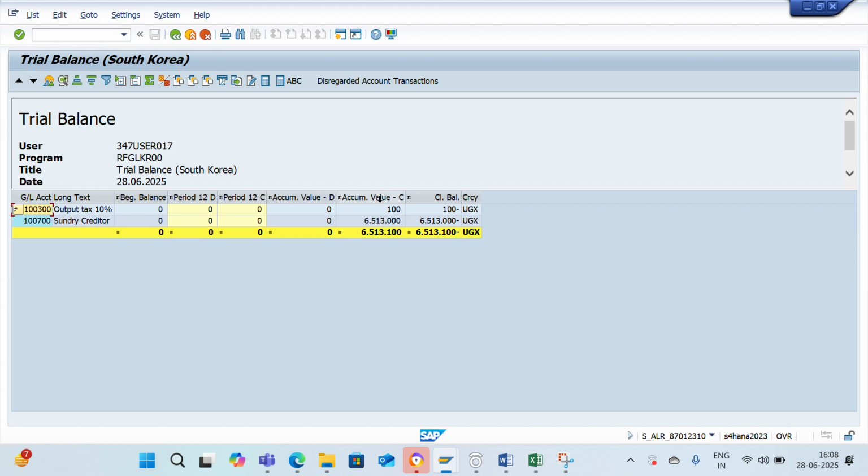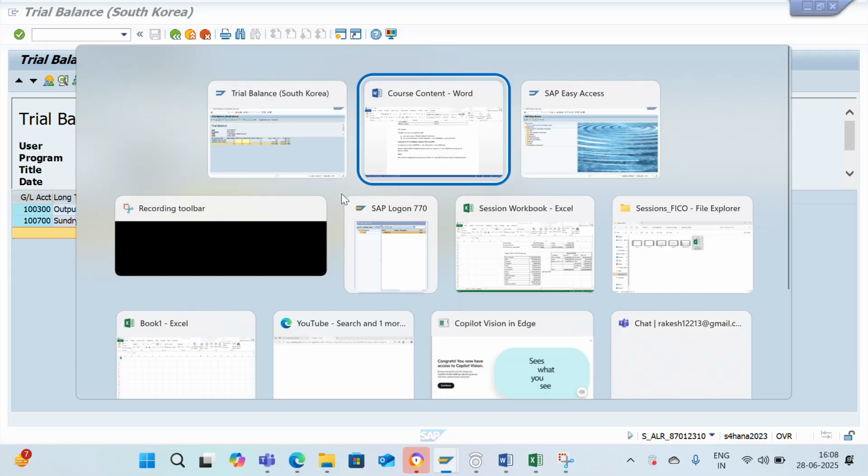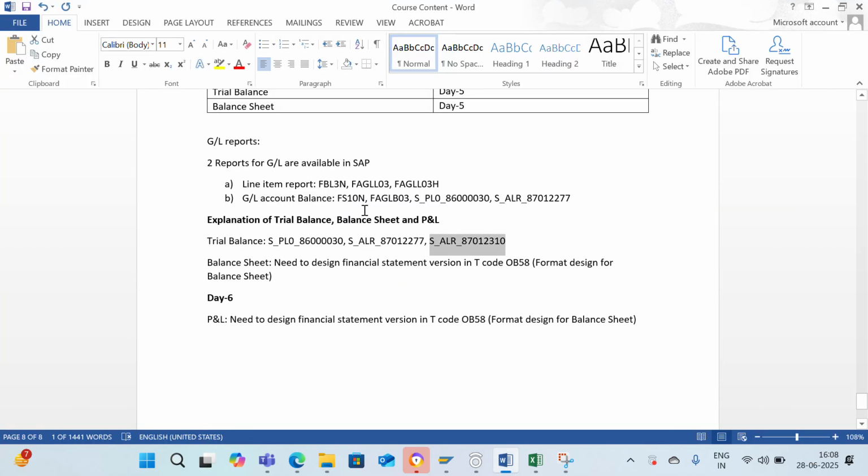So you see for the first GL the accumulated value on the credit side is 100. For the second one it is 6513000, and the closing balance is 6513100 in total. This is another report for the trial balance or the GL account balance.